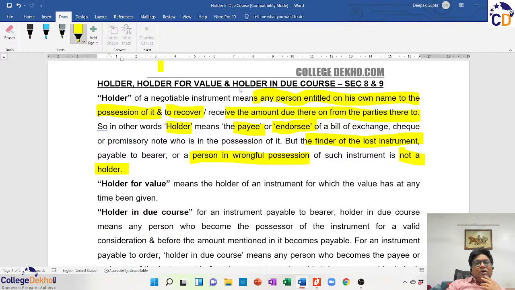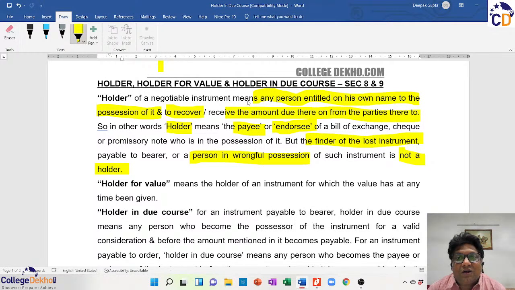But to become a holder, one of the crucial aspects, as discussed in the characteristics of negotiable instruments, is that the instrument must have been taken for a consideration, which may not hold true in all cases, but for a negotiable instrument the consideration is always presumed.